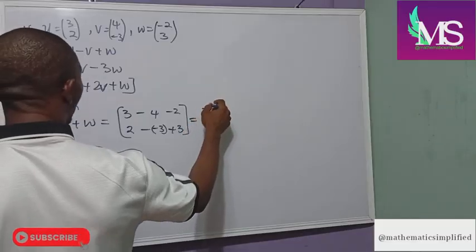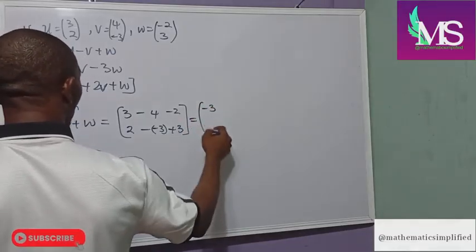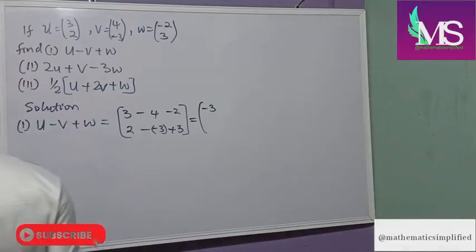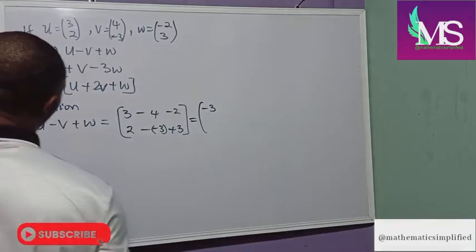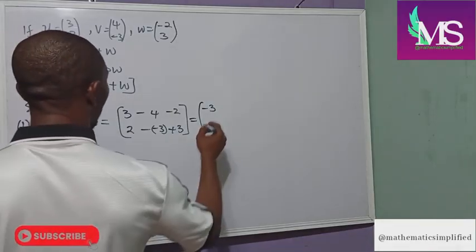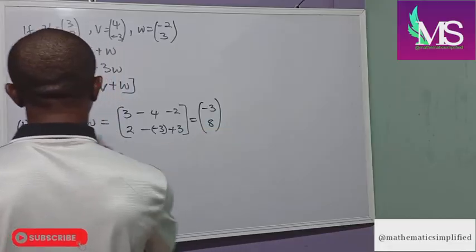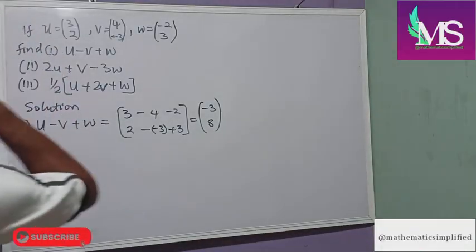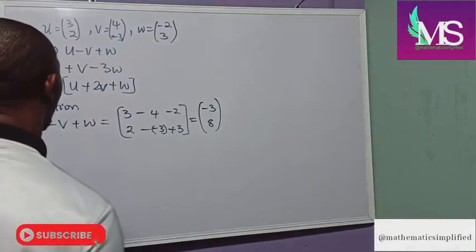So this gives us minus 3. And this becomes 2 plus minus 3, which is minus 5... plus 3 will give us 8. So our answer for this will become (-3, 8).